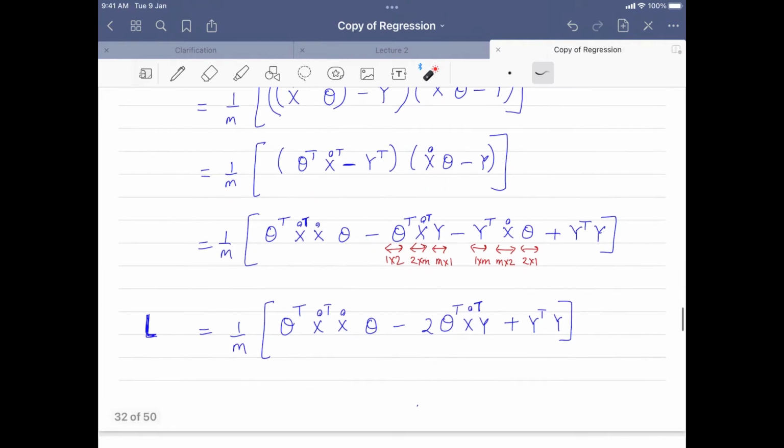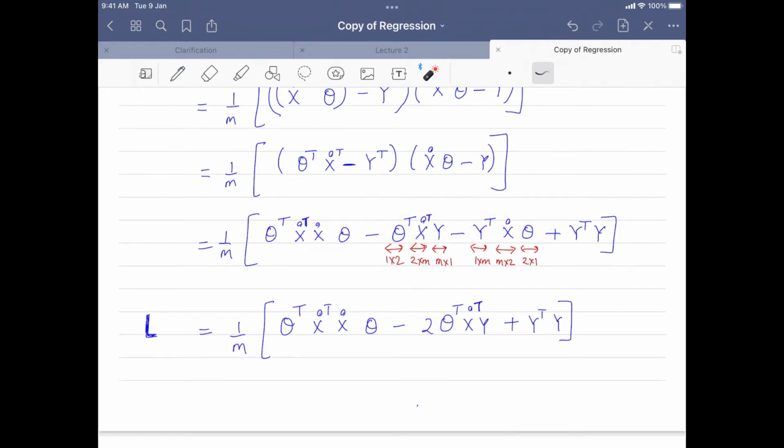And then once you cross multiply all these terms, you will get 4 terms which are this one, this one, this one, and this one. These are the terms which you yourself can check. Two observations which we can see over here: this is basically a transpose of this. So if you take a transpose of this, you will get this.